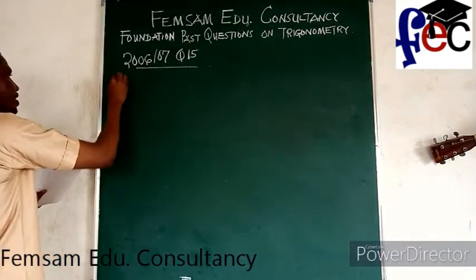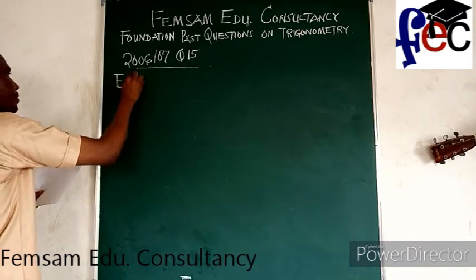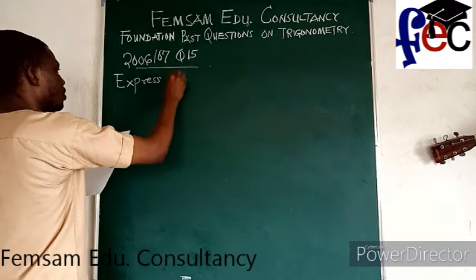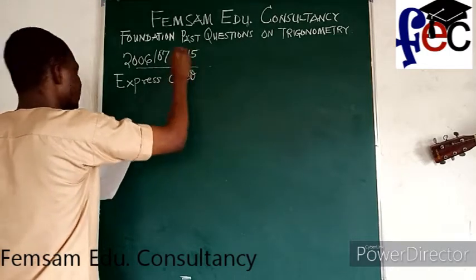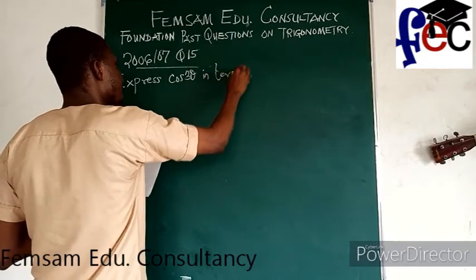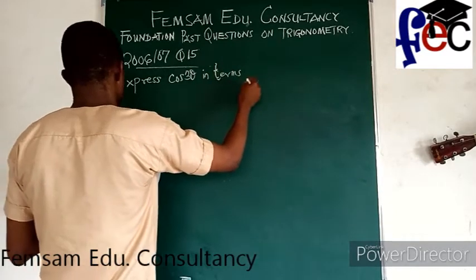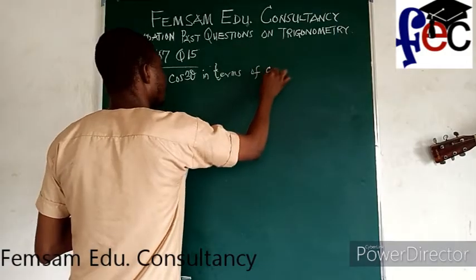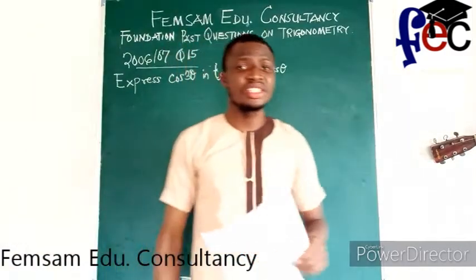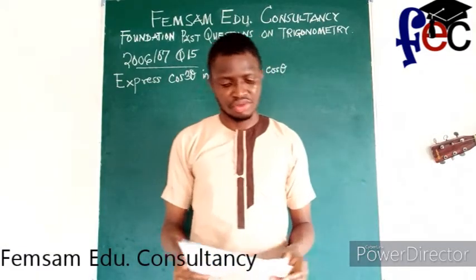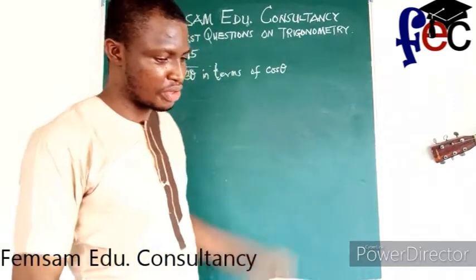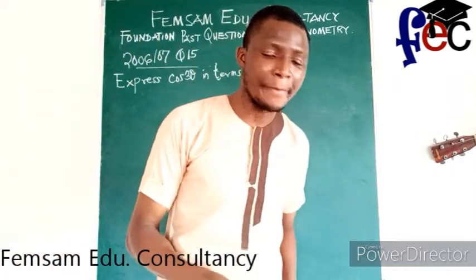The question says, express cos 3 theta in terms of cos theta. Actually, trigonometry is very broad, so we cannot predict which area question will come from, but this one is coming from trigonometric ratios of compound angles.